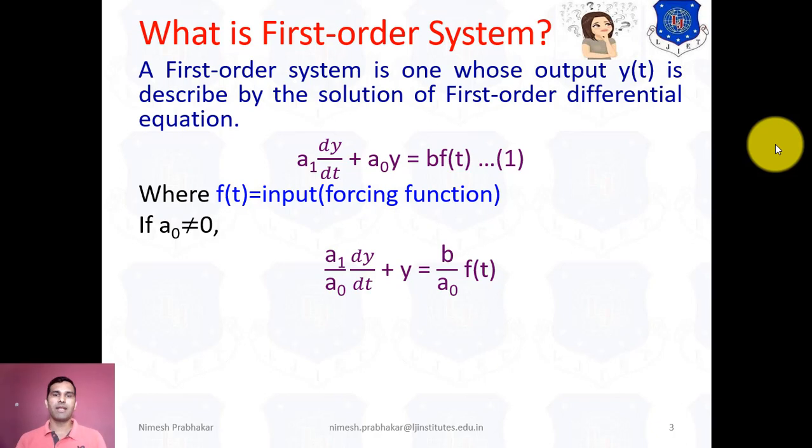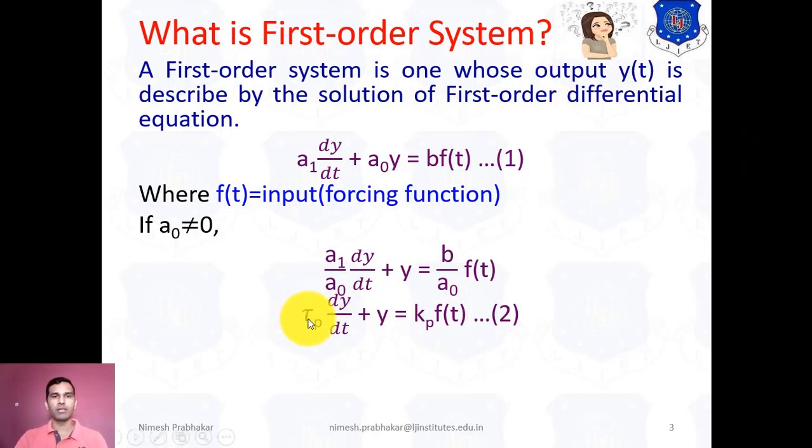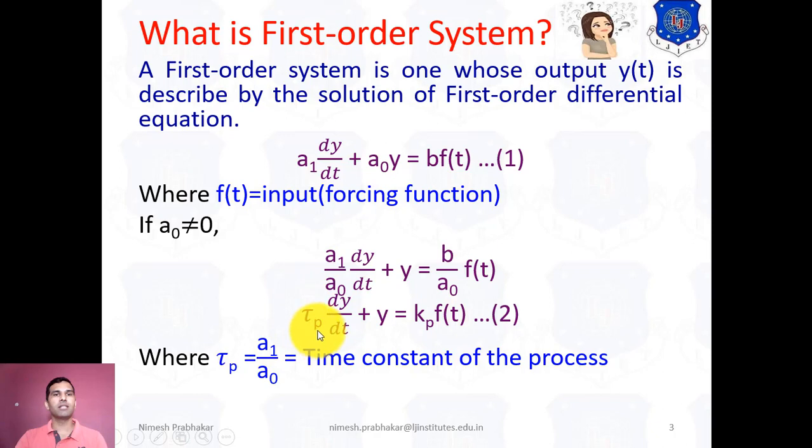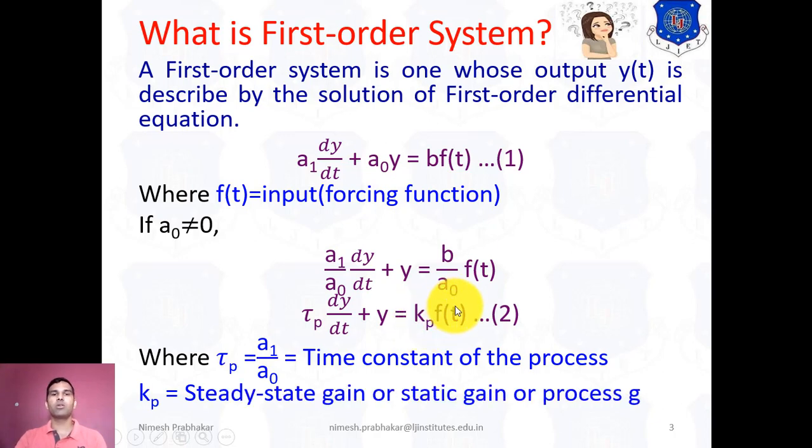So we can write this equation as tau p dy by dt plus y is equal to kp into f of t. Here tau p is known as the time constant, and this represents the value a1 by a0, and kp is also known as steady state gain, static gain or process gain, and this represents the value b by a0.